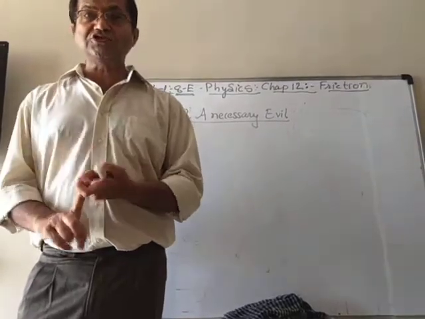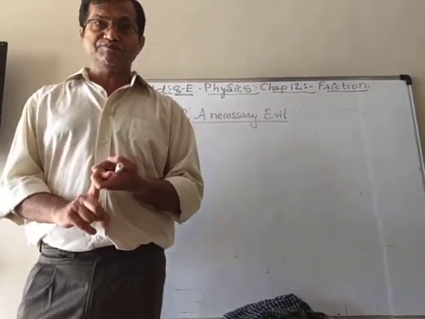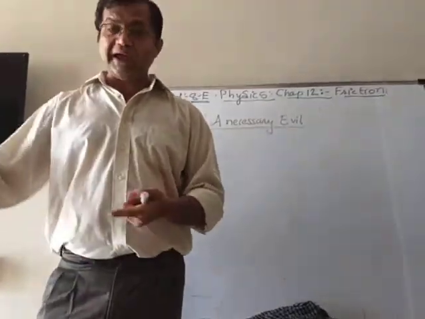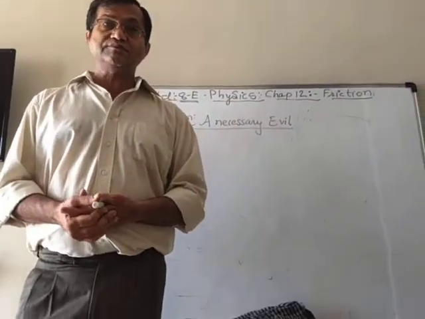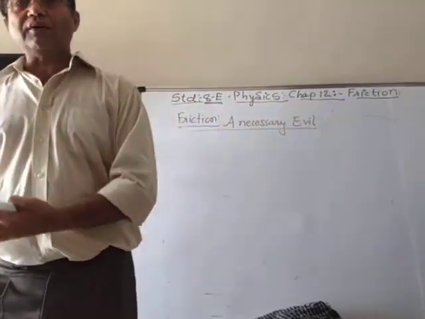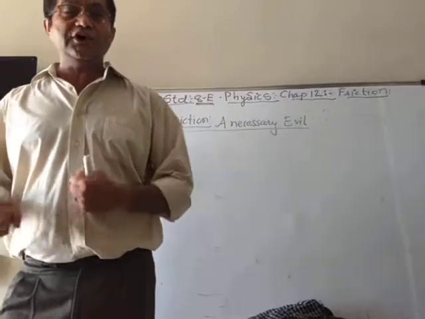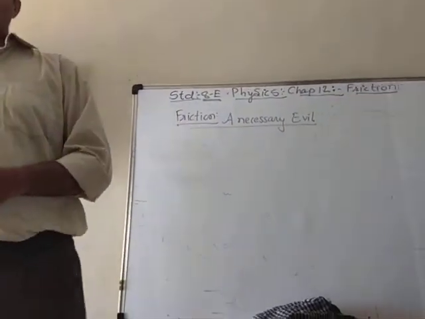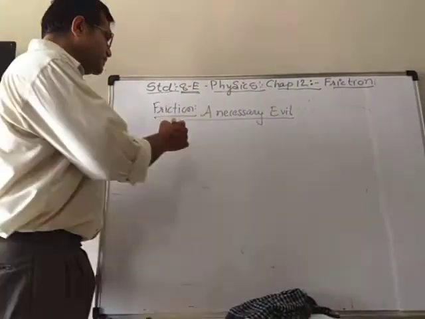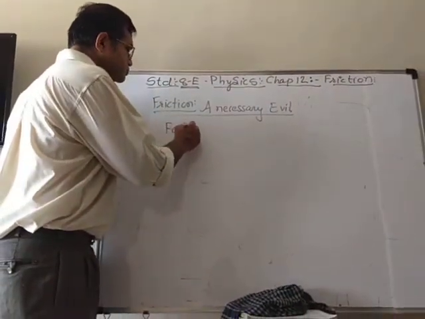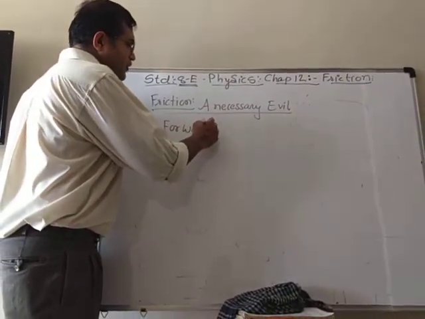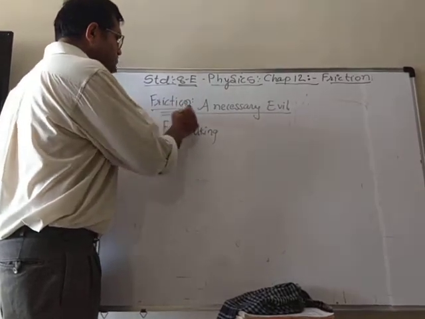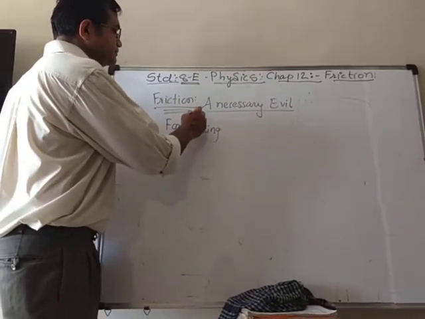It means that because of the force of friction between the land and our legs, we can have a proper grip on the floor, and then only we can walk. It means that for walking, friction is necessary.